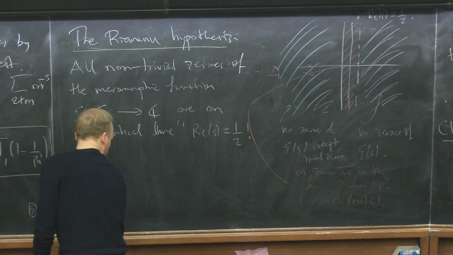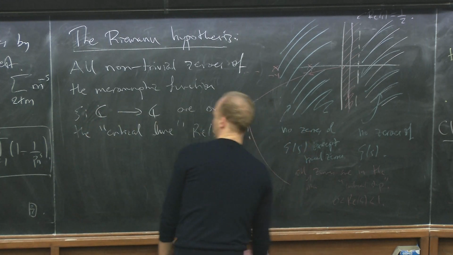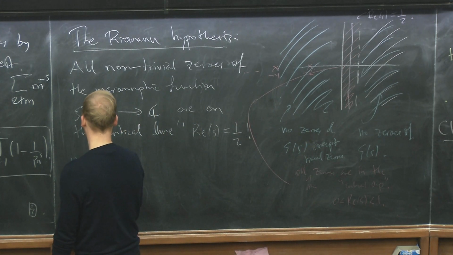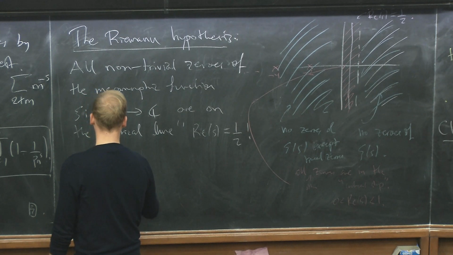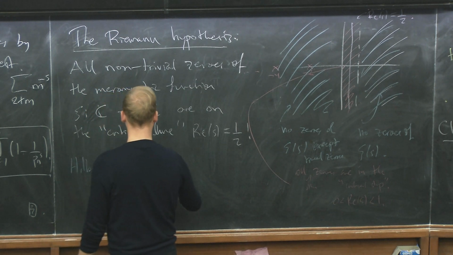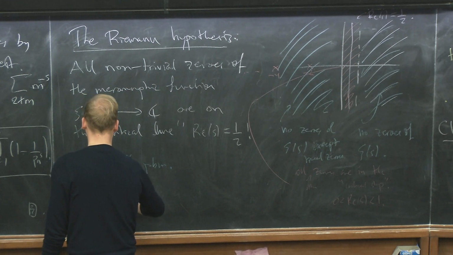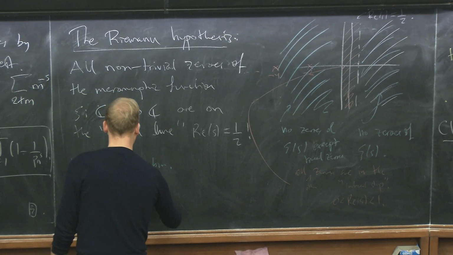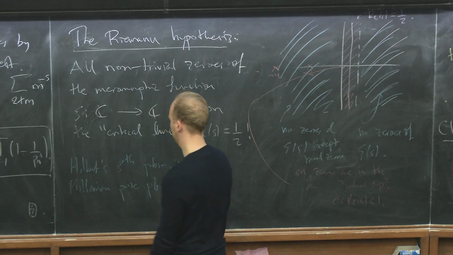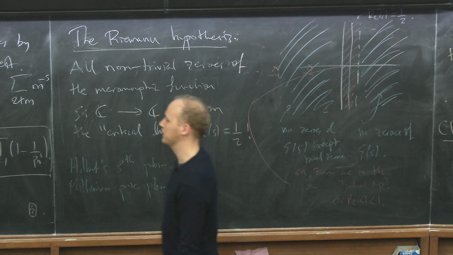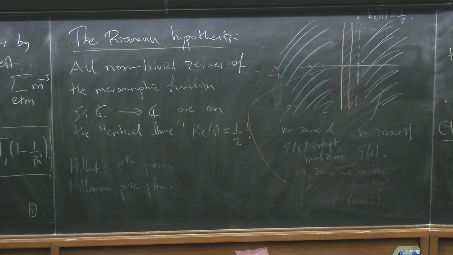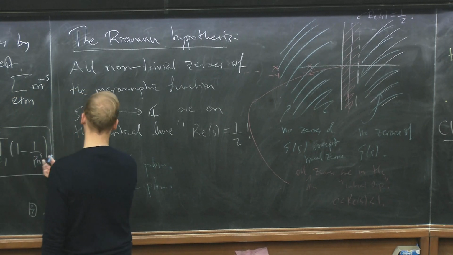And this is, as you know, Hilbert's 8th problem. It's a Millennium Prize problem, and they are very famous because this has huge implications in number theory for the understanding of primes, precisely because of this product development.